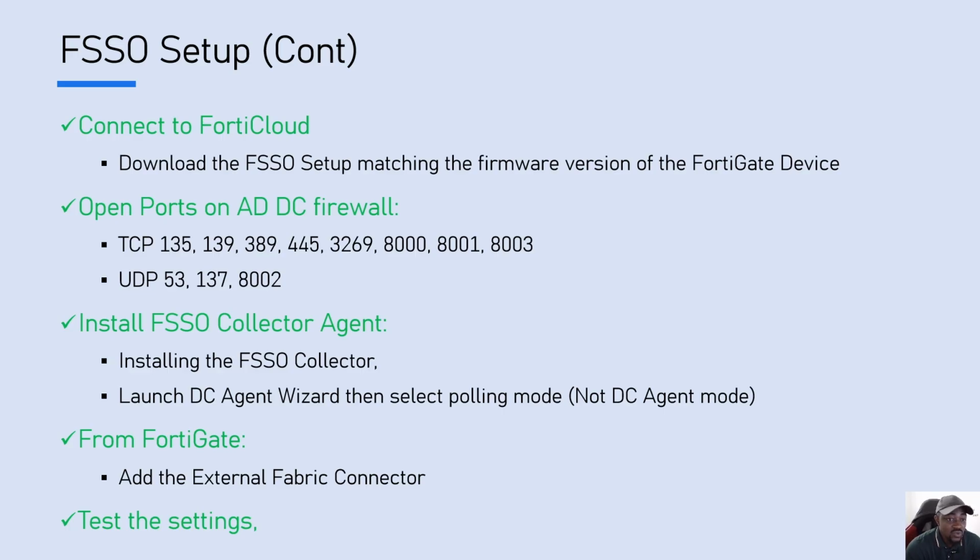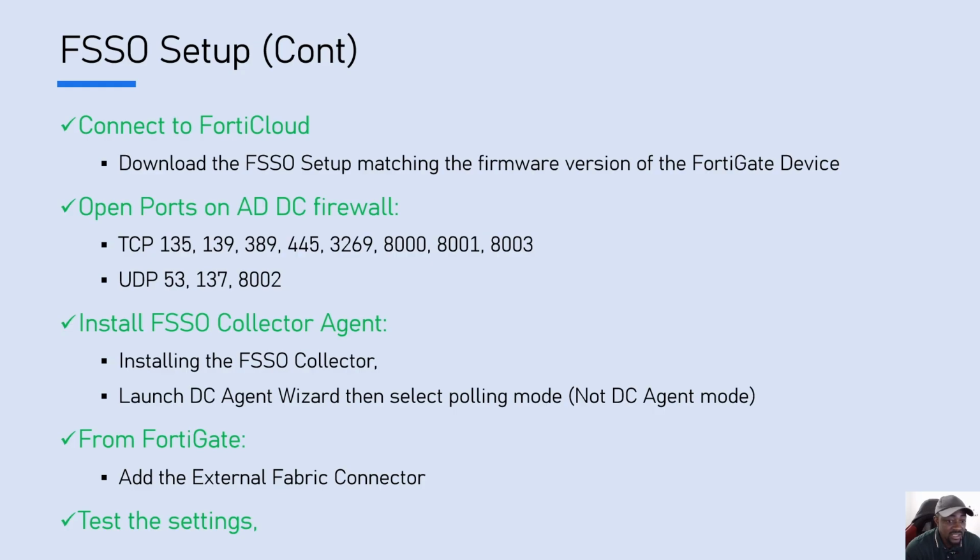We also need to connect to all the domain controllers that we have in our Active Directory infrastructure and open the firewall ports, TCP and UDP. Also, we do the installation of the FSSO collector agent on the domain controller.